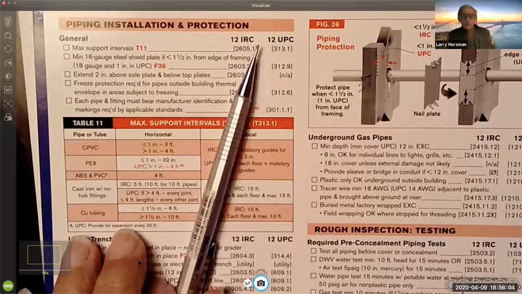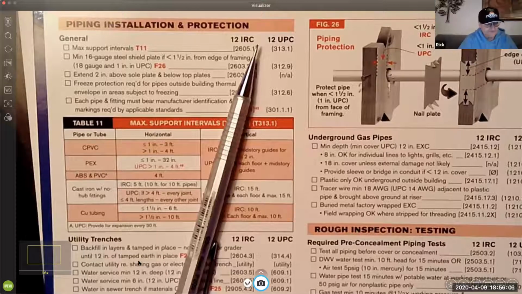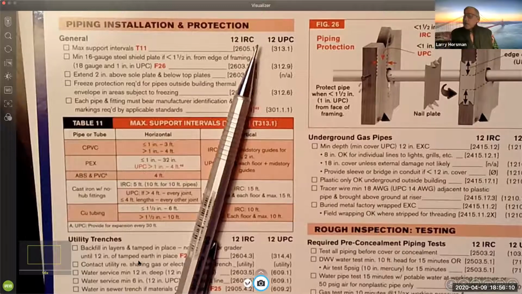You should have a later one. 15, which is more recent. And then right next to it is 12 UPC. So one is the edition of the International Residential Code, which the state adopted for building provisions, but did not adopt for plumbing. So all of the plumbing provisions for California would be listed under that UPC.